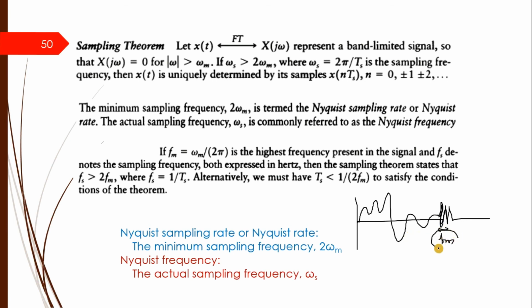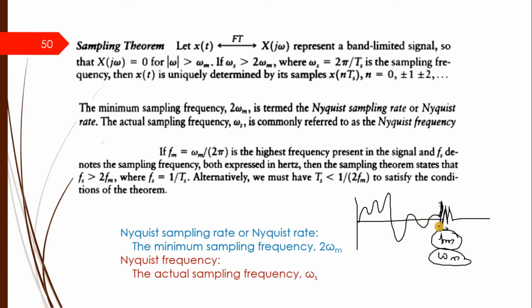When there is maximum frequency, normally we represent it in terms of omega m, angular frequency. So this maximum frequency is very important for me. Why? Because in order to represent this signal, in order to extract the proper samples out of the signal, I have to take samples such that I record its peak as well as its crest, the peak and low properly.